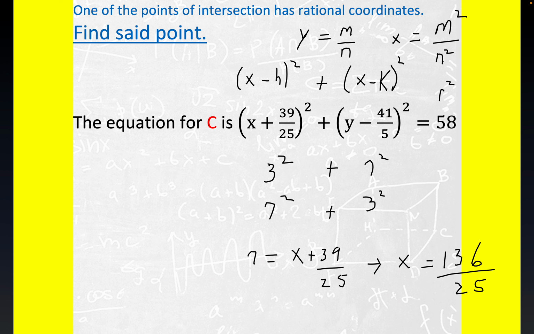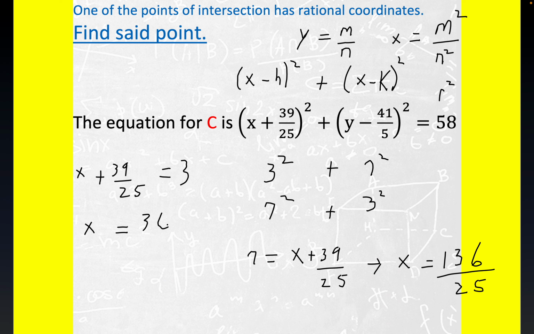So let's try it with 3. If x plus 39 over 25 equals 3, let's see what that does for us. x is equal to 3, which is 75 over 25, minus 39 over 25, which is 36 over 25.